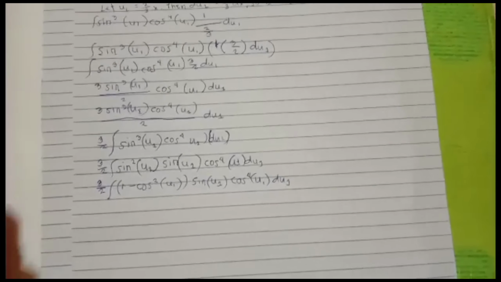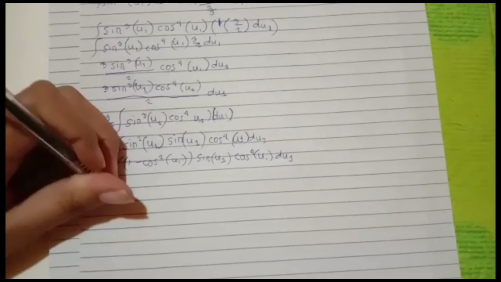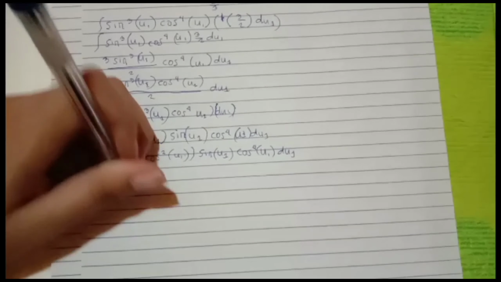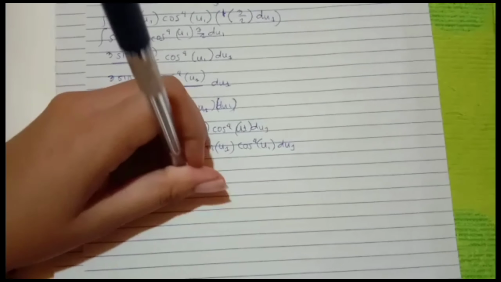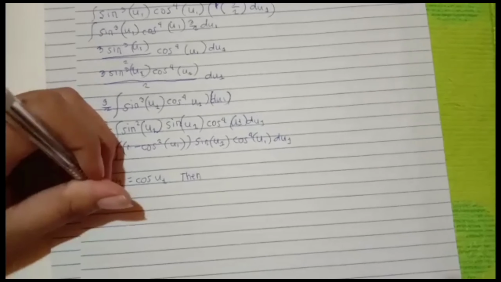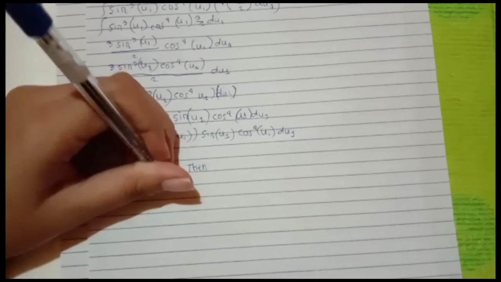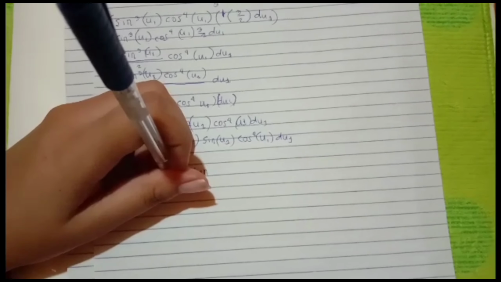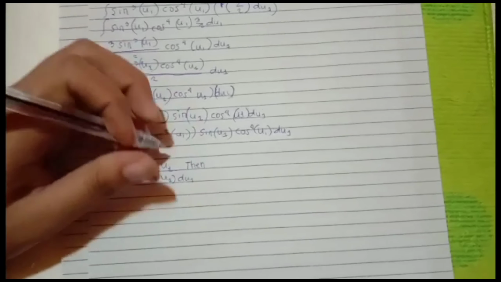Then, let u2 be equal to cosine u1. Then du2 is equal to minus sine u1 du1.